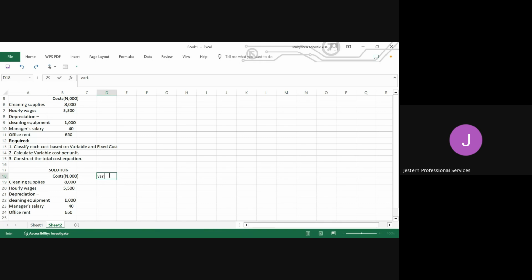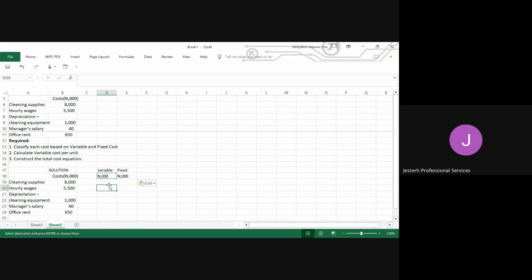You need to write it down. Variable. Please, in the exam, this is how you will be doing it. This is very important. So, let me just put in 1,000 and then copy and paste it here.